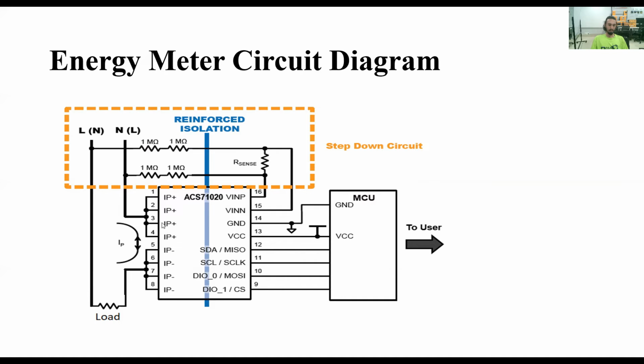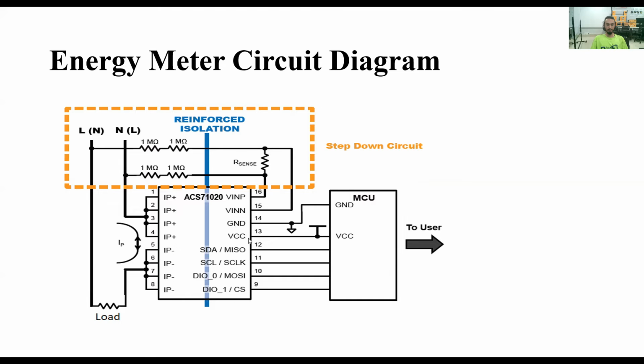These pins are used to sense the current. The 15 and 16 pins of our IC are negative input and positive input. These are connected with the step down circuit.